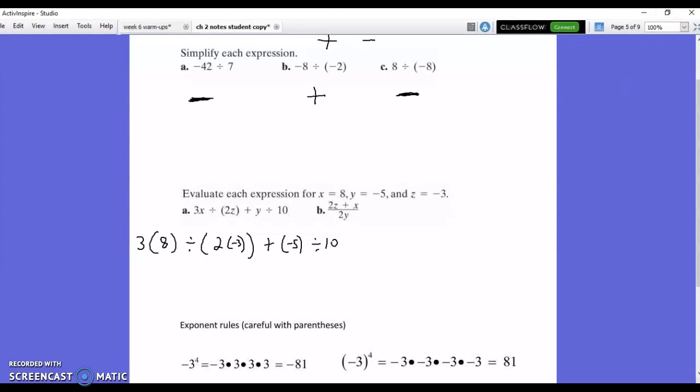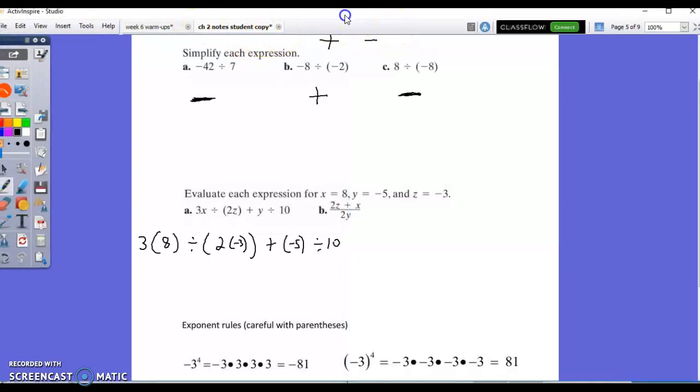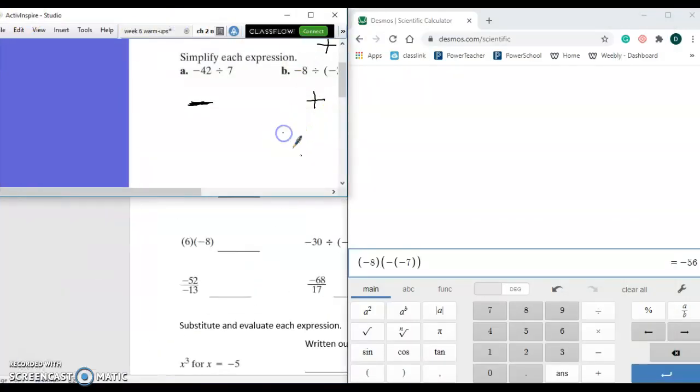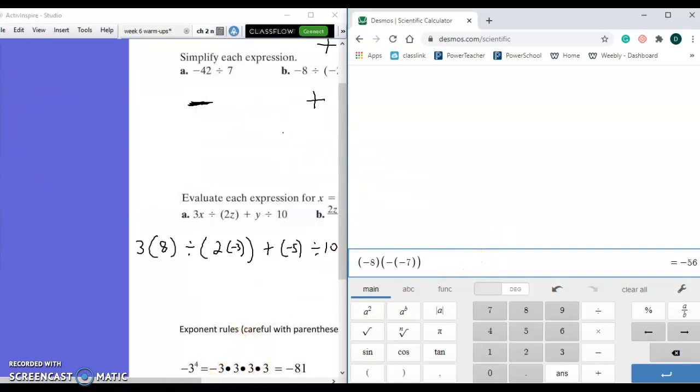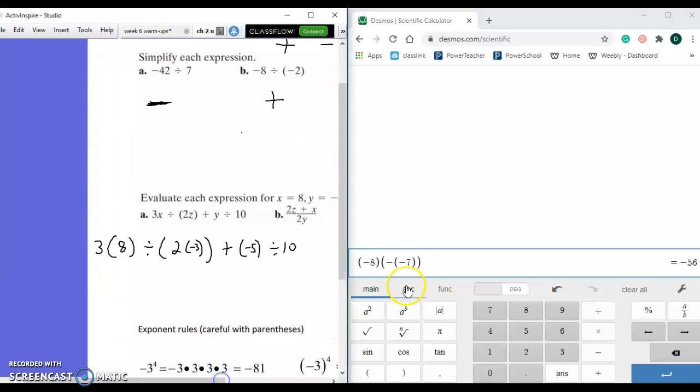Alright, so now what we can do is type this into our calculator. Now remember, for this Desmos calculator, when I hit divided by, it's going to make it into a fraction. So we have to make sure we use our arrow to not just load up the top or the bottom of a fraction. So I'm going to start here. I'm going to do 3 times 8, and I'm representing that times with parentheses.